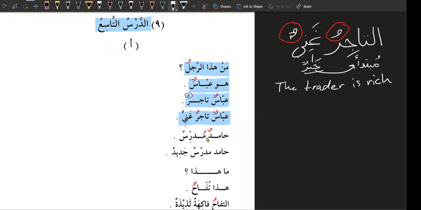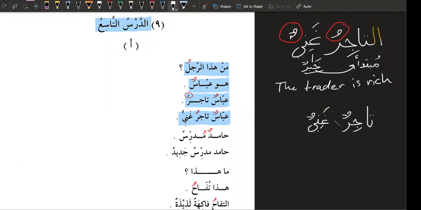Now, in this lesson, we're doing, for example, تاجر غني. If we look at the construction of the sentence, it's different to the one above. The one above has alif and lam at the beginning of the sentence. But this sentence doesn't have alif and lam.